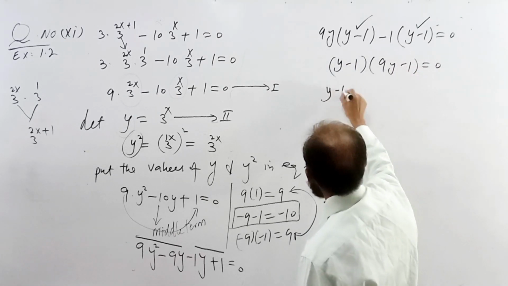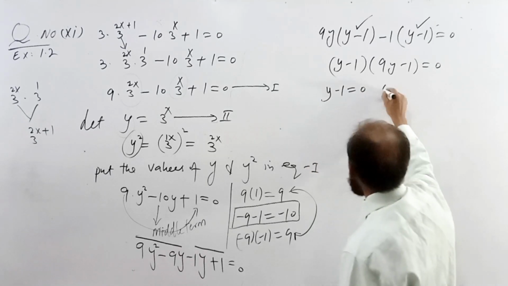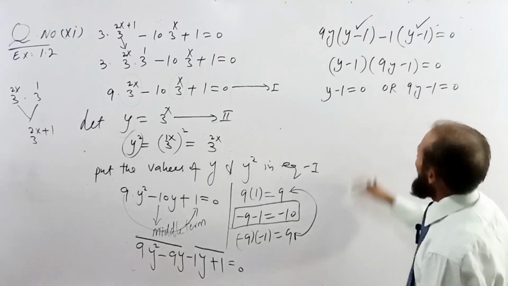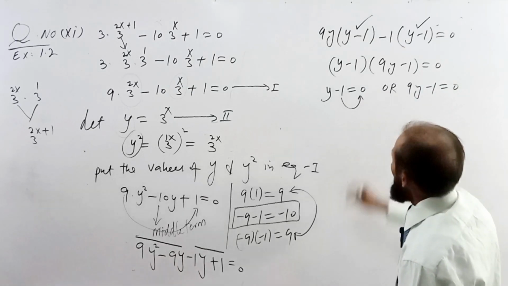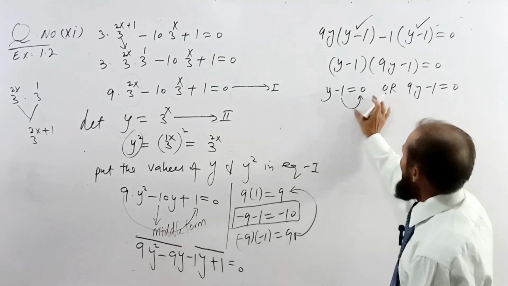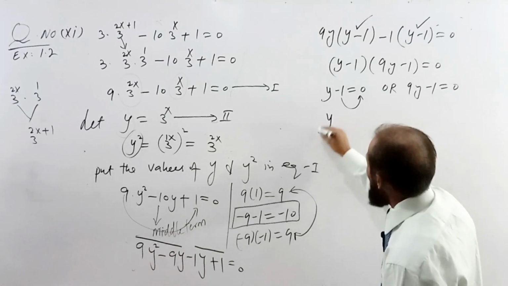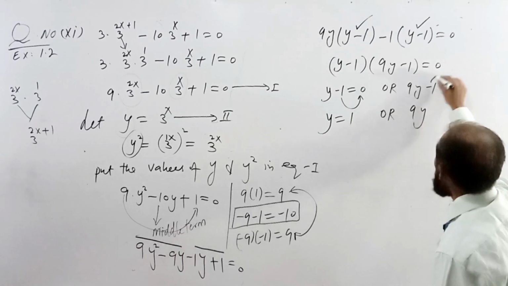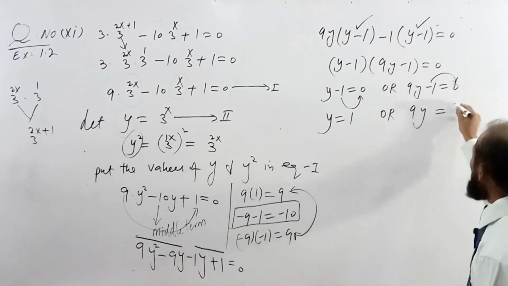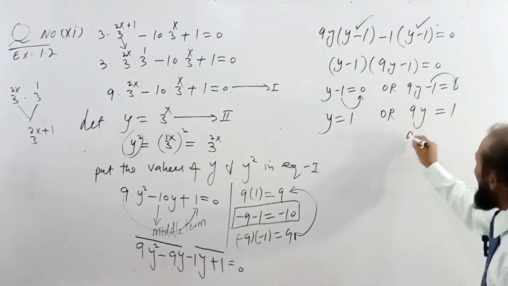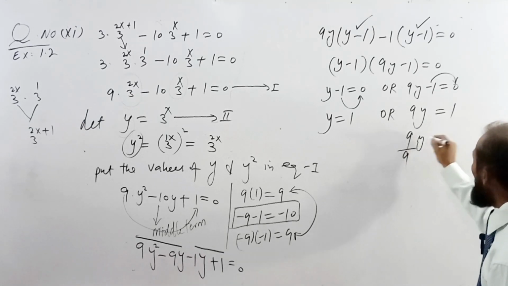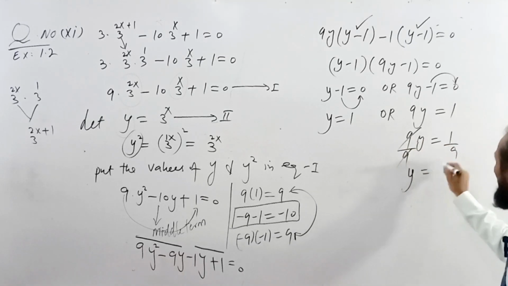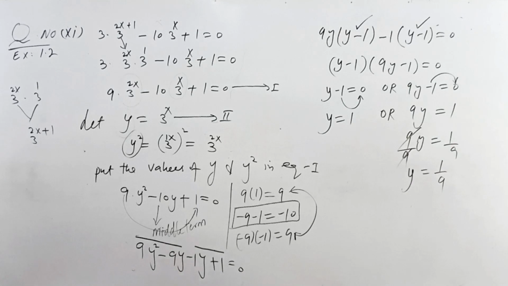It means y minus 1 is equal to 0 or 9y minus 1 is equal to 0. We move minus 1 across, so y is equal to 1. Similarly, 9y is equal to positive 1. Dividing both sides by 9, 9 is cancelled, y is equal to 1 over 9.